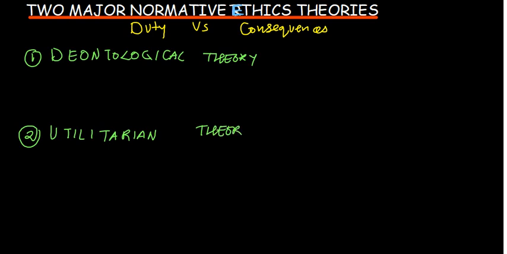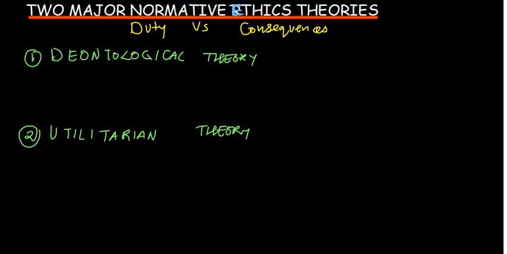All right, so here we have them: deontological theory and utilitarian theory. The word is kind of long, so I need to think before I pronounce it. That's utilitarianism or utilitarian theory. Also, I've got deontological theory or deontology.